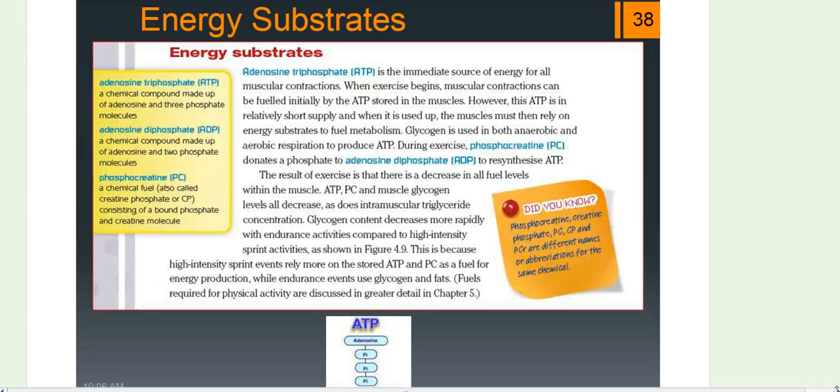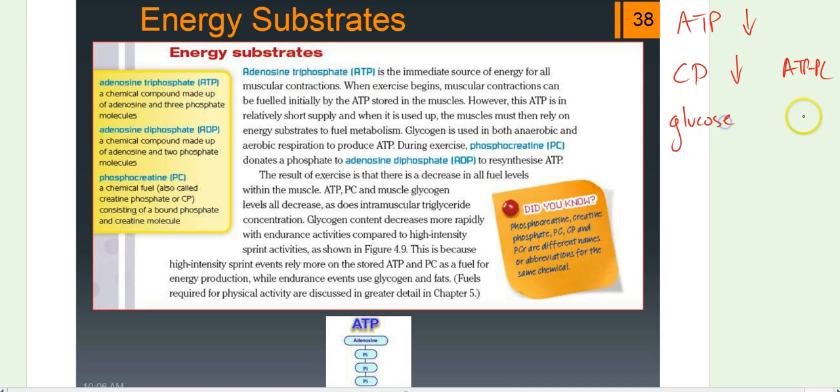So our energy substrates, again earlier saying that they are being used. So we have stores of ATP within our muscle. As we do exercise initially, they will decrease and we need to resynthesize them. Creatine phosphate levels will decrease from use within the ATP PC energy system.